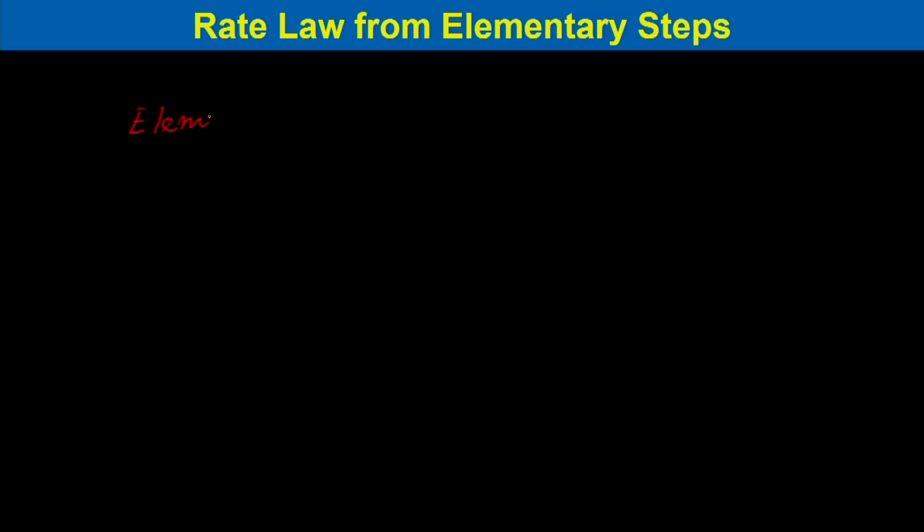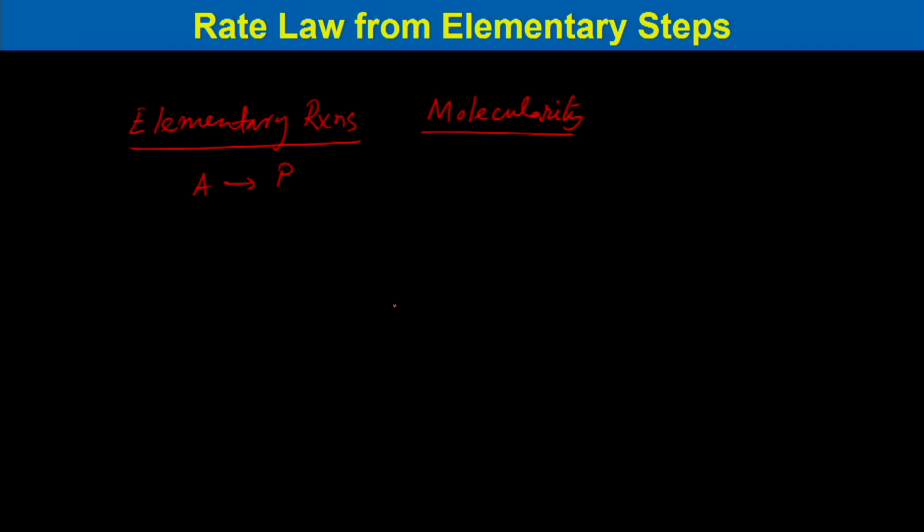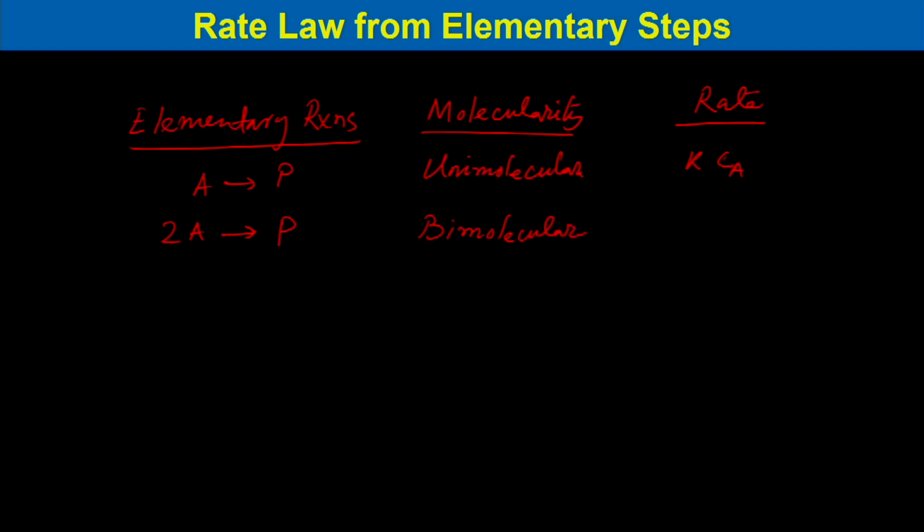If we consider an elementary reaction, say A to product, then we call the molecularity unimolecular, and the rate law we can obtain from here would be k into the concentration of A. If 2A produces products, then we call it bimolecular, and we can write the rate of the reaction as k C_A squared, C_A to the power 2.